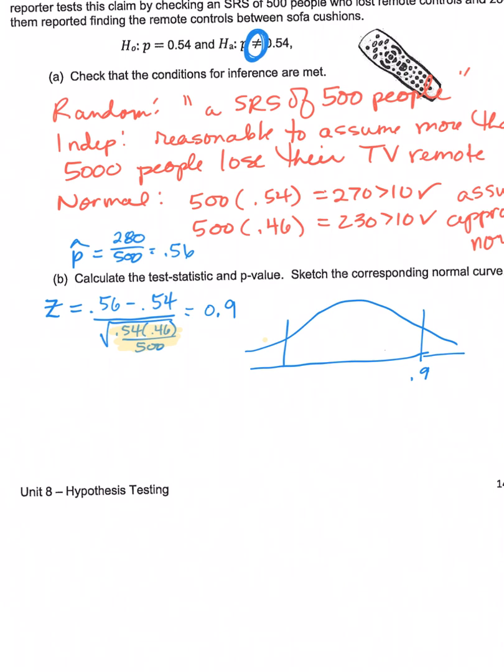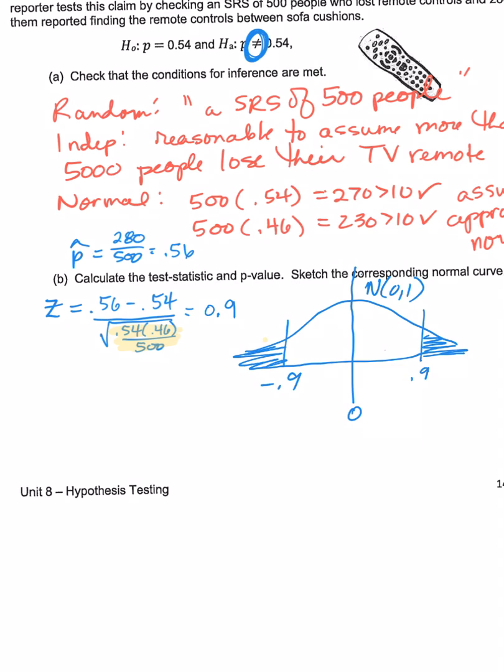Not equal to, so it's two-tailed. So negative 0.9 as well, right? Now I can only draw this if I put 0 right in the very middle. And remember we put our N as 0, 1 here so that we know this is a z-score. So we've got a two-tail, don't we?